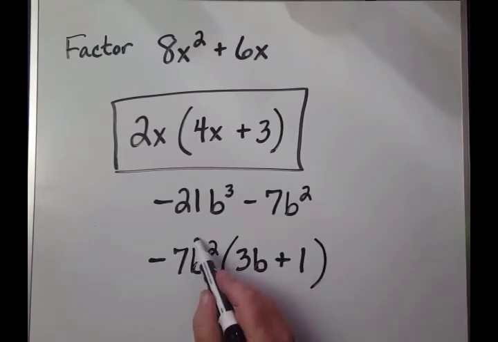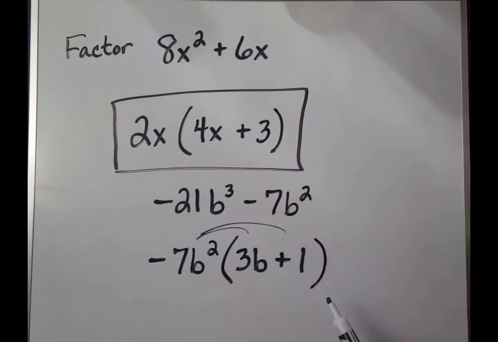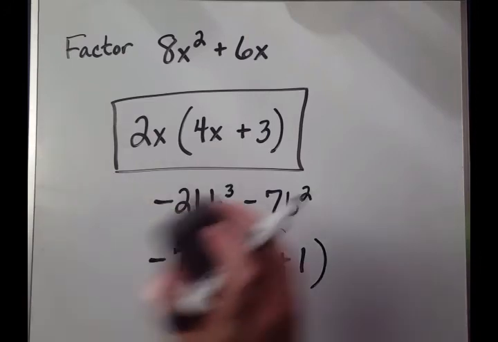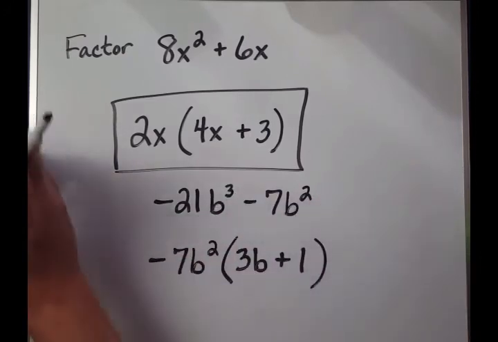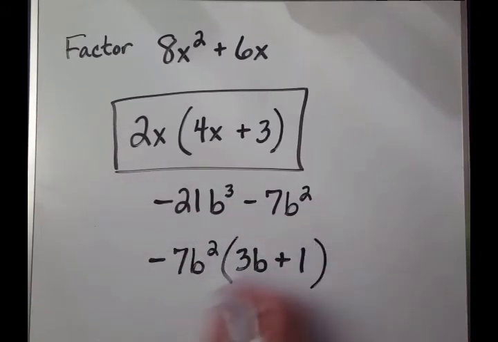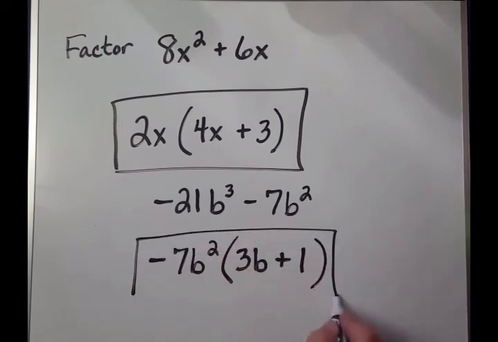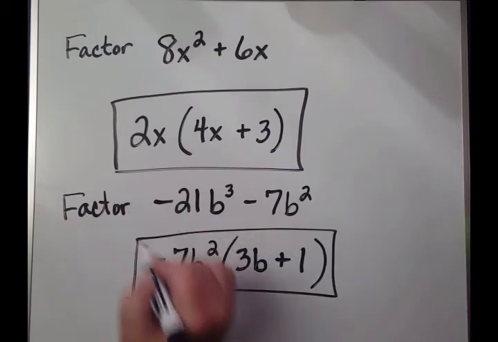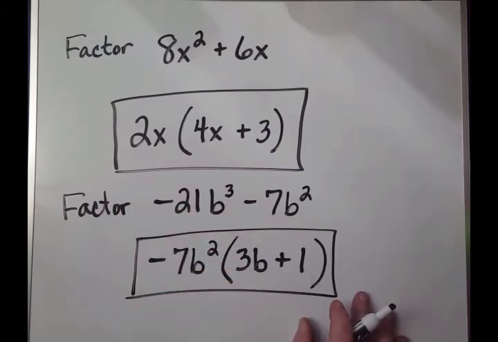Now check it. If you distribute that back in, you see that it returns the original problem. Again, right now her instructions say factor by pulling out the greatest common factor. Later down the road, my instructions will only say factor.